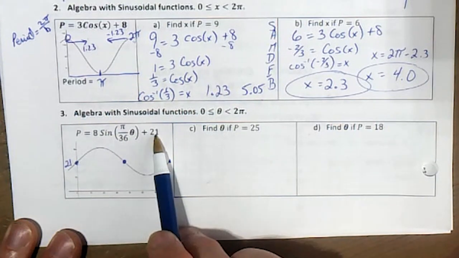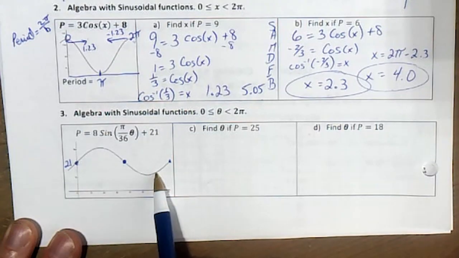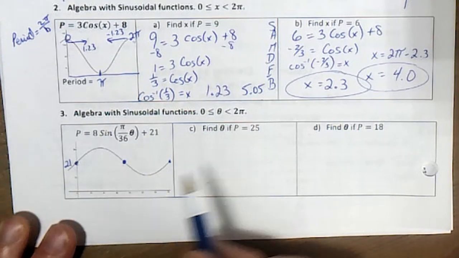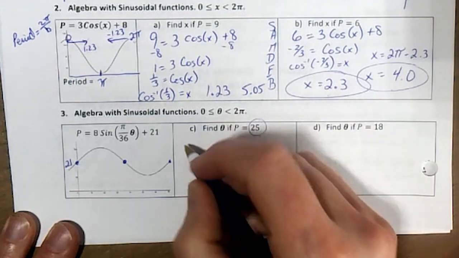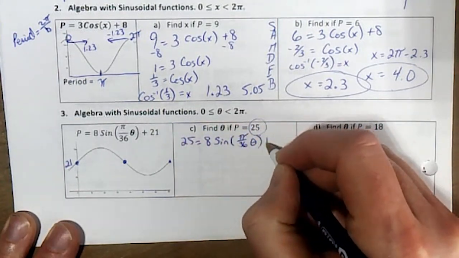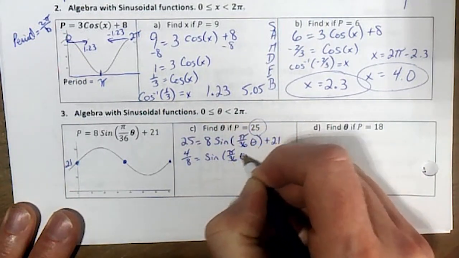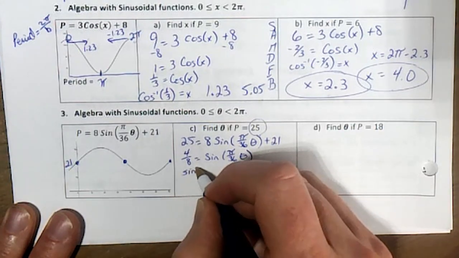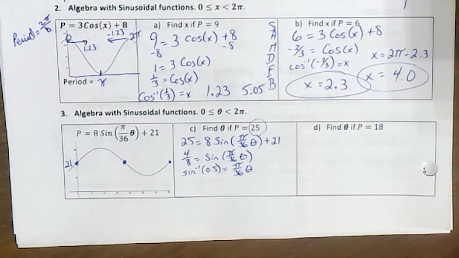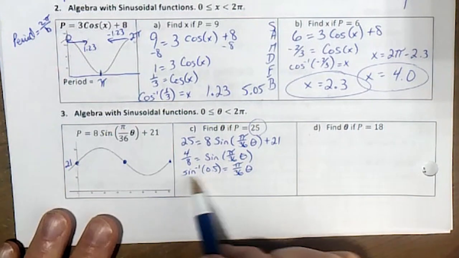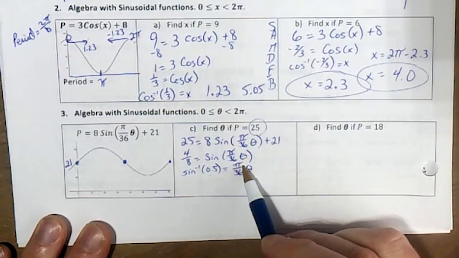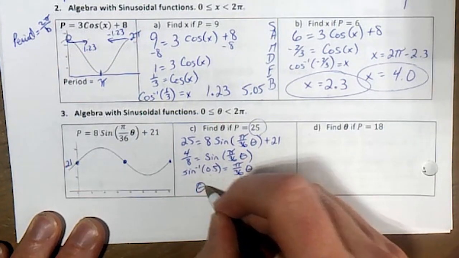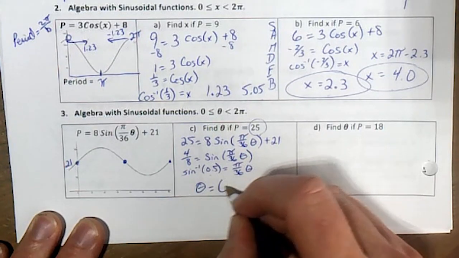If it's under 21, we're going to have two answers in quadrant 3 and 4. So we've got 25. So if we sine inverse this, we get 0.52 times 36, divide by pi, we get 6.